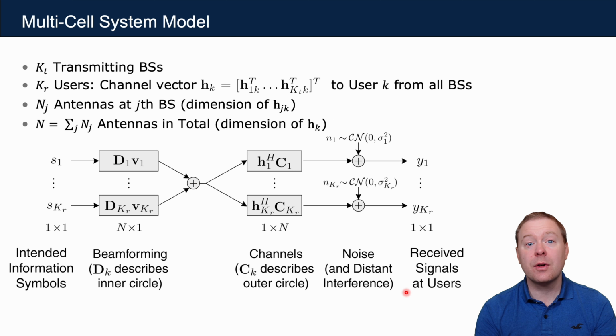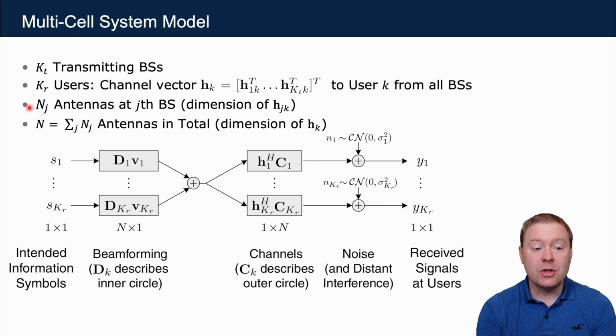It is now time to define our system model mathematically. We have KT transmitting base stations with multiple antennas each. We have KR receiving users across our entire area. And we have a channel vector, h_k, from user k to all of the base stations. That means that we can take this vector and cut it up into different pieces, in particular KT different pieces, each of them assigned to one of the base stations.